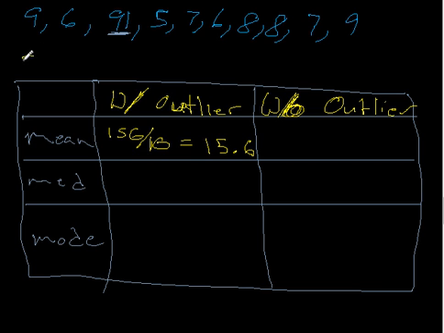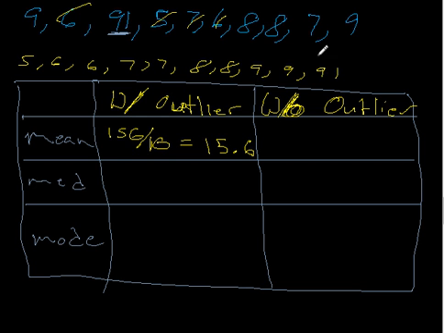So I got 5, 6, 6, 7, 7, 7, 8, 8, 9, 9, and 91. And like Johnny said, I have 10 different values here. So this has a total of 10 values.